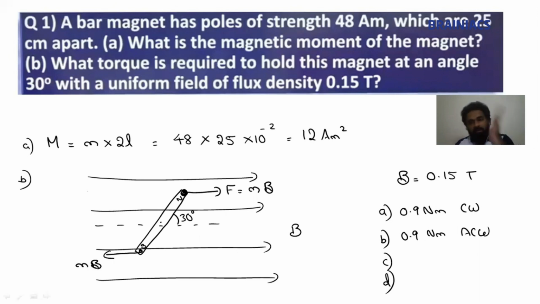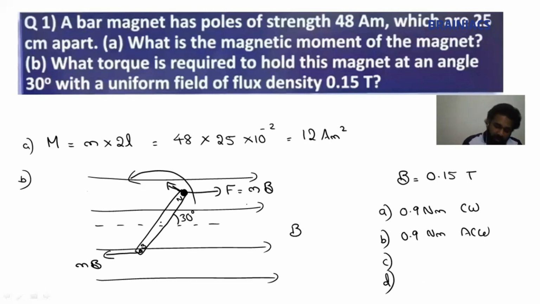So torque will be towards which direction to make it 0 degree? To maintain this, we will have to apply a force in this direction so that the same and opposite torque is present.